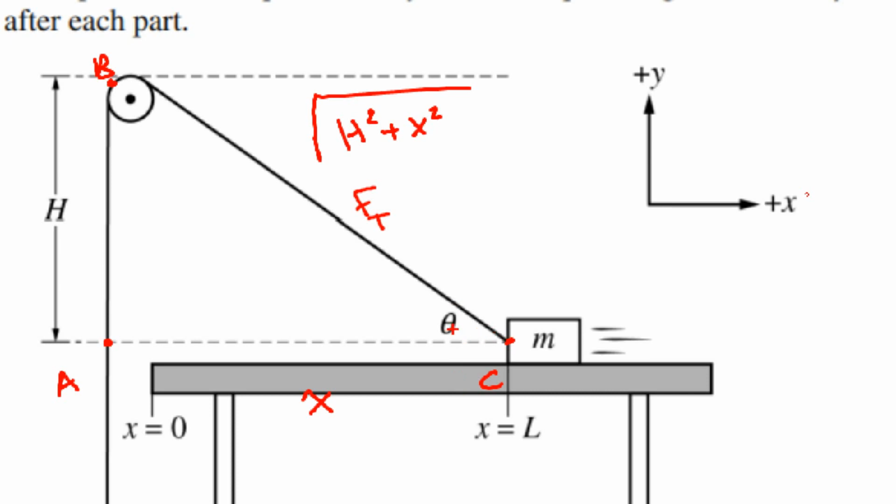Now in order to determine theta, theta can be determined by referring to any trigonometric function. I would say sine theta. You can do it for cosine and for tangent. Sine theta is the opposite, which is h, divided by the hypotenuse, which is radical h square plus x square.